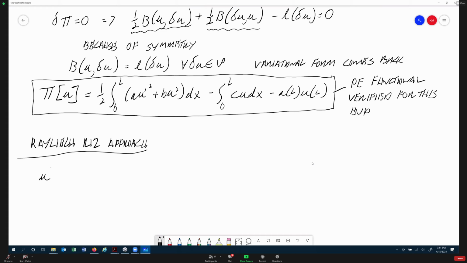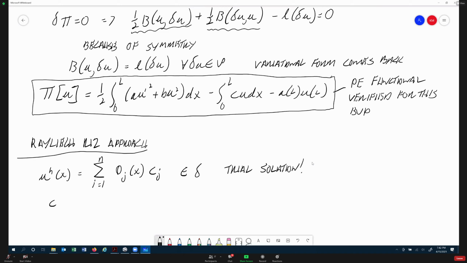So remember, that was u_h(x) is equal to the sum from j equals 1 to n of phi_j(x) c_j, and this is considered a trial solution.